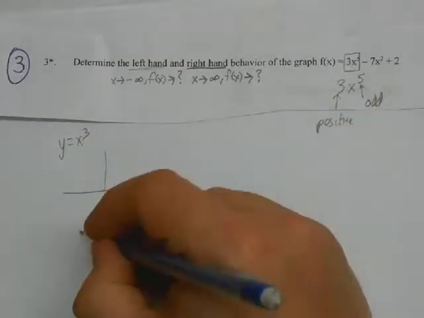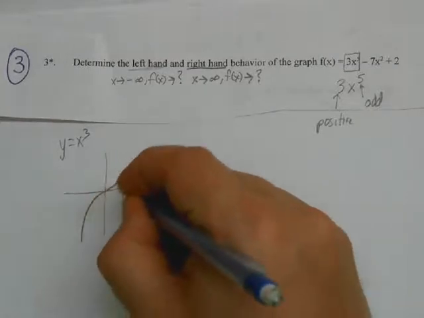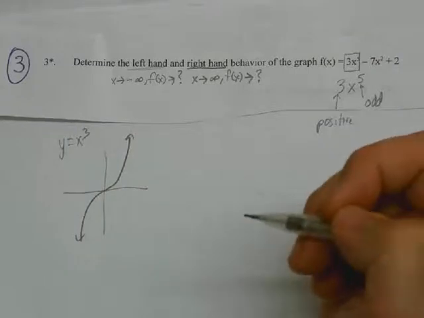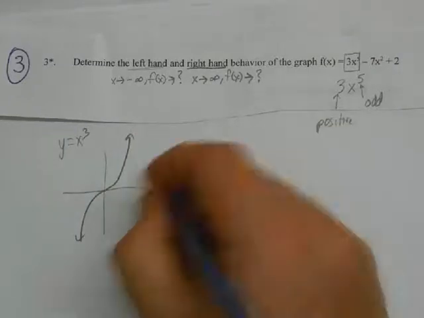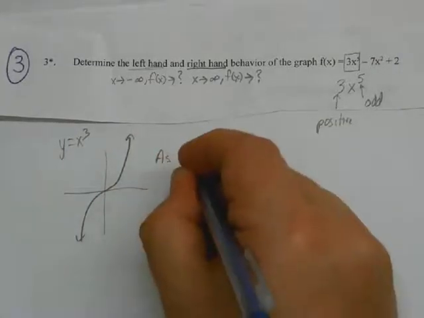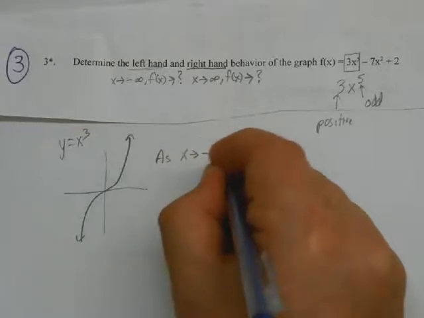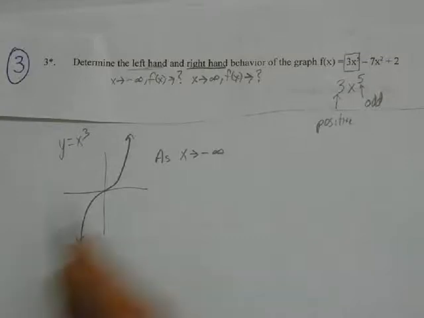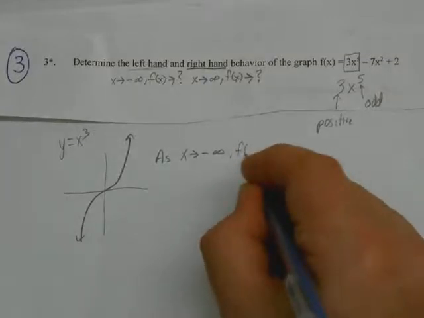Y equals x cubed looks kind of like a snake. And what is the end behavior of the x cubed graph? Well, as x approaches negative infinity this way, the graph approaches negative infinity.